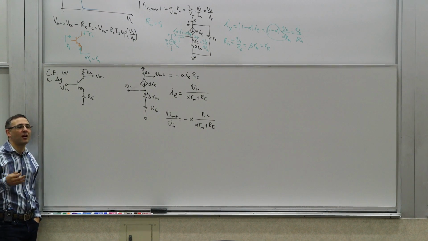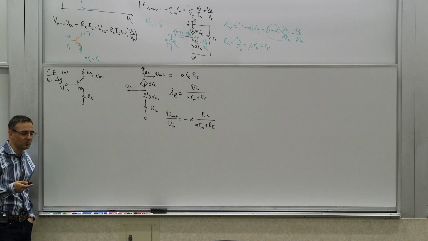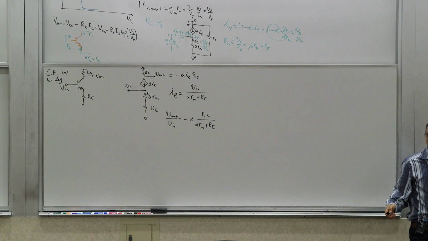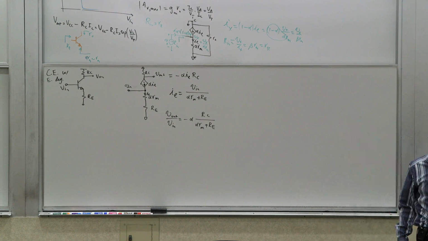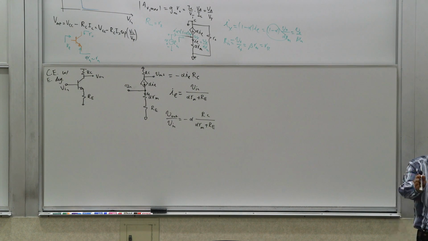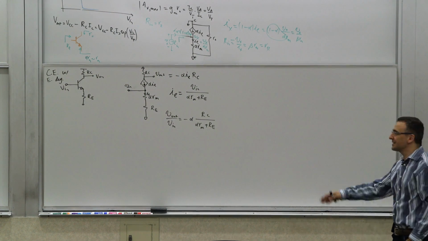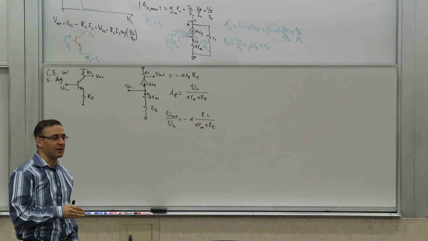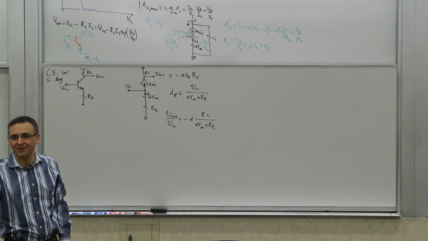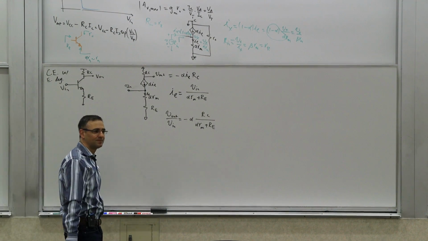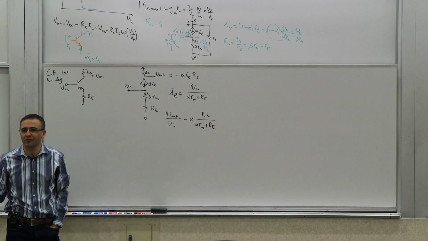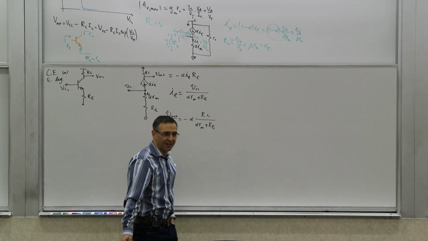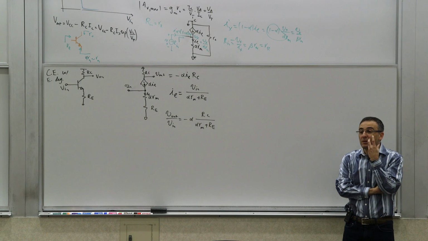What I want you to be able to do, and us to do, is that if we have a stage and we want to come up with values that make it have a gain of 5, within 10 seconds you should come up with something that's within 10-20% of a gain of 5. If you give me a gain of 4.7, 4.8, I'm okay. If you give me a gain of 4.5 or 5.5, it's okay. If you give me a gain of 50 or a gain of 0.5, then we are not okay. So we are going to be building towards that.